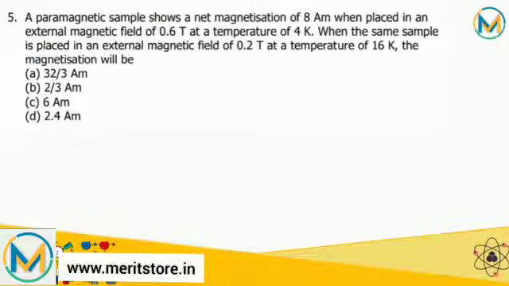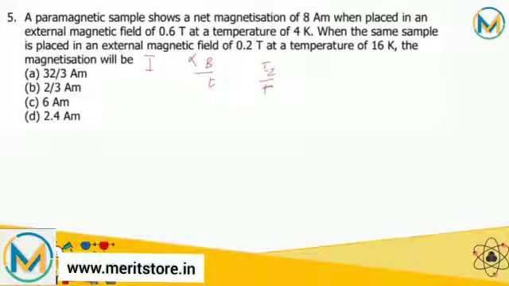So we know that according to Curie law, we can deduce a formula for the relation between magnetic field induction, temperature, and magnetization. It is given as I directly proportional to B upon T. So I can write I2 upon I1 is equal to B2 upon B1 into T1 upon T2.